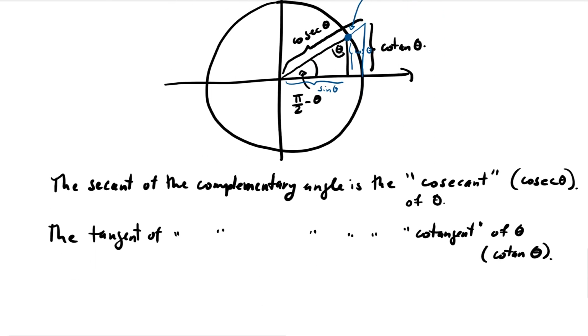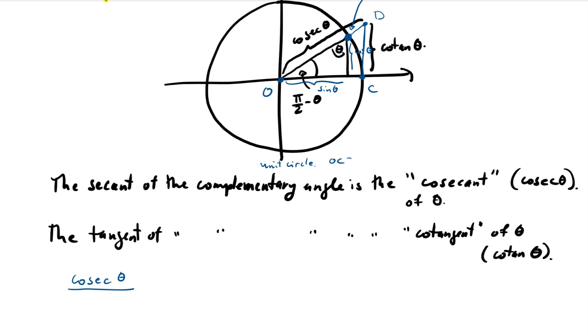And by comparing the two similar triangles, we can find a value for cosecant and cotangent. So let's do that. Cosecant theta is the hypotenuse of the large triangle over, let's label this again. This is O, and I'm going to use different letters like C and D. Notice OC is 1 because this is still the unit circle. Nothing has changed.